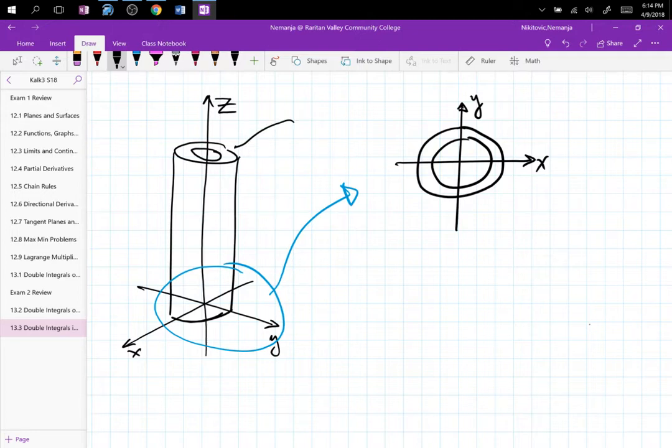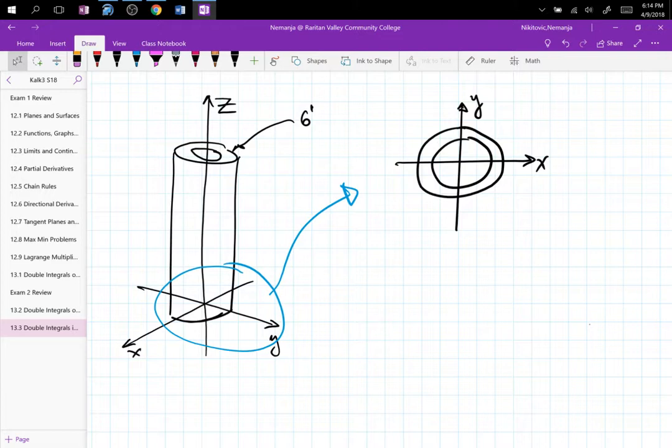I'm going to say that this pipe is 6 feet tall. You all understand what it means for a pipe to be 6 feet tall. It's just a pipe. We want to calculate the volume of this pipe.